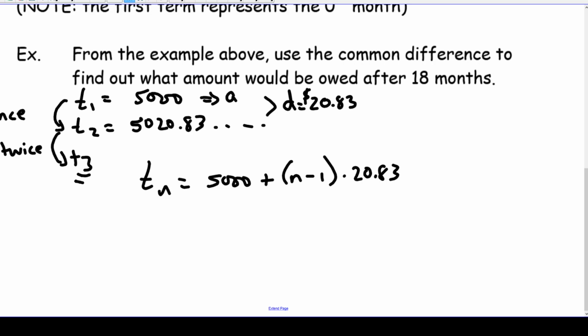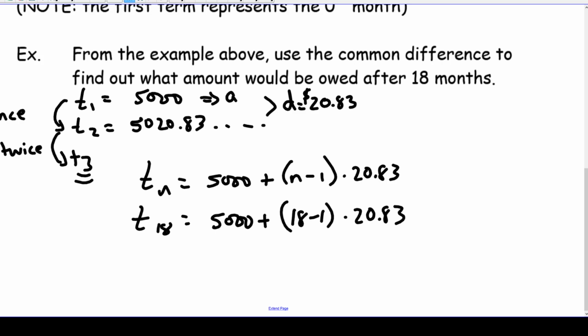So whatever the number is in the term value here, you always add the common difference one less times than that number. So if I wanted to go to T18, it would be 18 minus 1, which is 17 times 20.83.